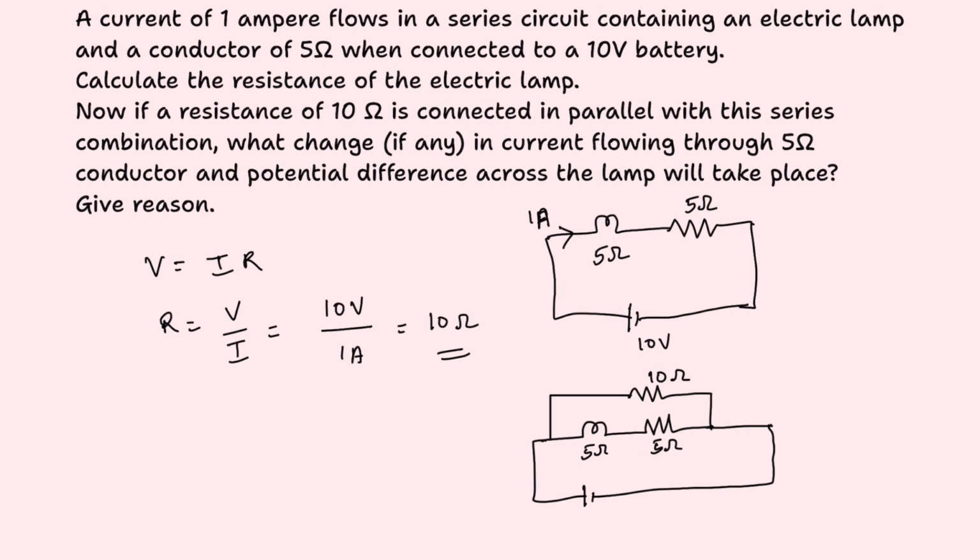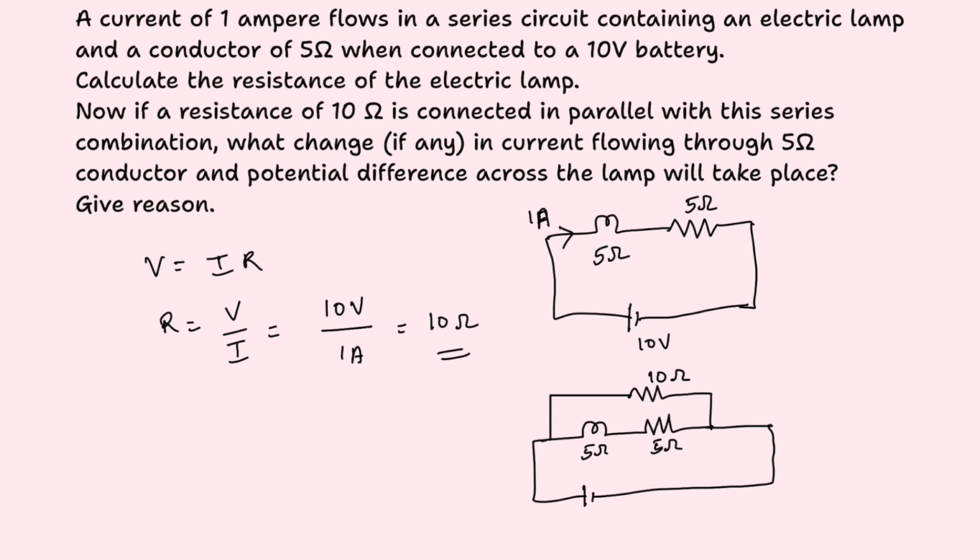Okay. What change, if any, in the current flowing through the 5 ohm conductor and the potential difference across the lamp will take place? So they're asking, is there any change in the current flowing through this 5 ohm conductor? And is there any change in the potential difference across the lamp? Okay. To understand that, we know that initially the current passing through this is 1 ampere.